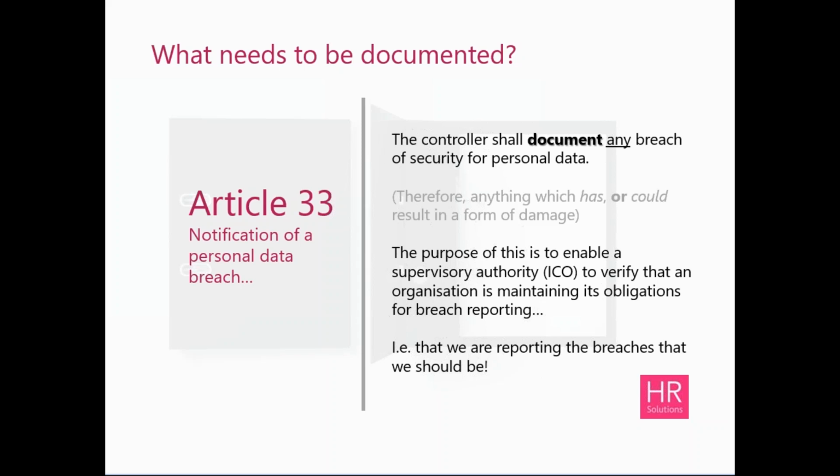Okay, so what I'm going to look at now is how we should be doing that correctly. Because if we did have a breach that needed to be notified to the ICO, if all of your key business decisions happen in the UK, then they would want to be able to come in and see this document, and that essentially is going to prove that we know what we're supposed to be doing.